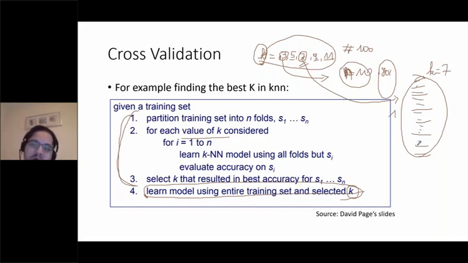Because we saw that K equals 7 is the best structure when combining different folds. And after that, normally we have number 5. What do you think we do with number 5?